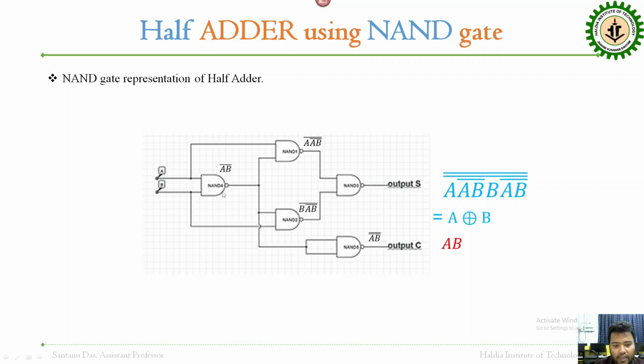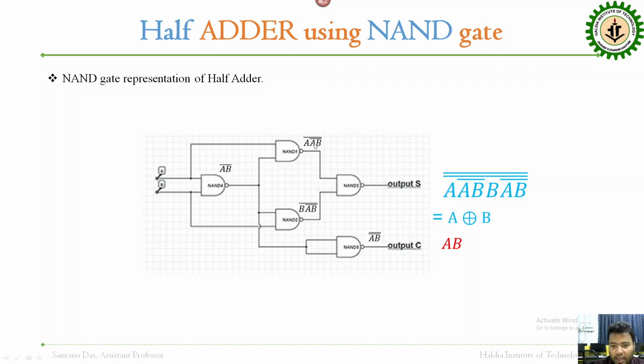After gate 1 it is AB bar, and after the next gate it will be A into AB bar, whole bar, because we already have AB bar going through this line, and from here A is coming.